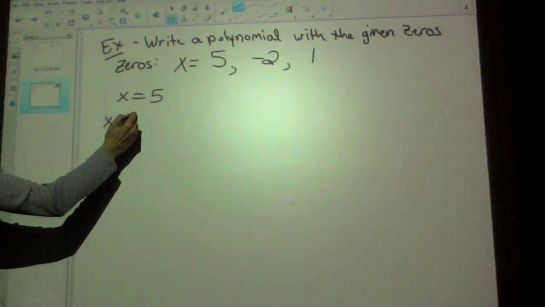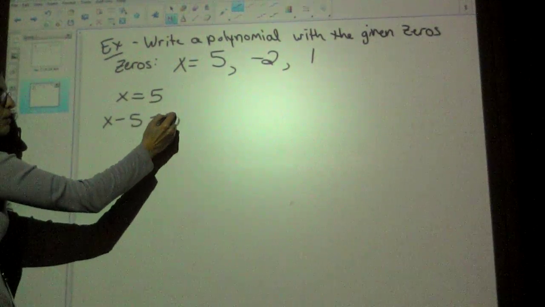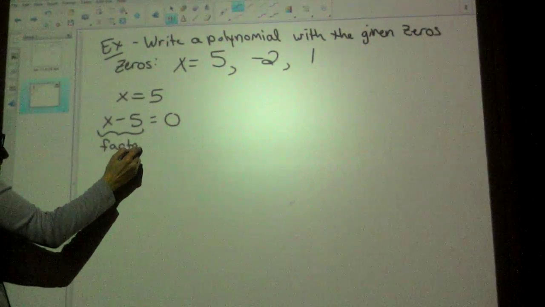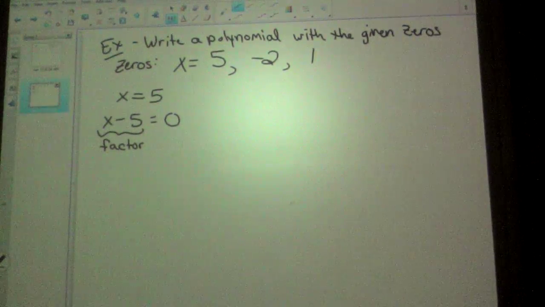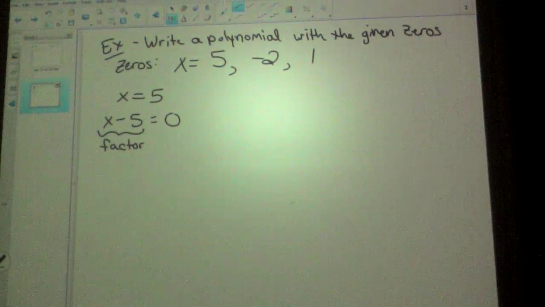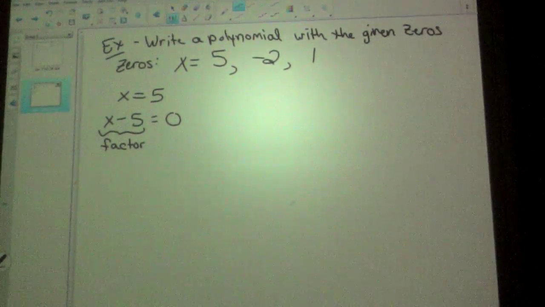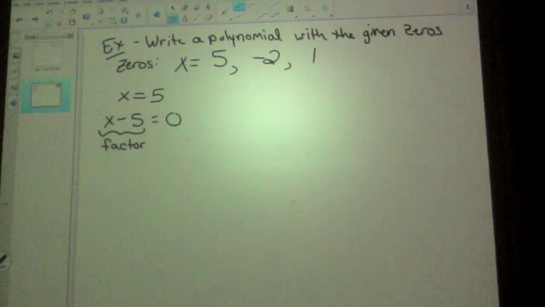So x minus 5 equals 0. That right there is the factor that can give me x equals 5. Sometimes there's more than one solution. Like if I had, in fact, all the time, there's more than one factor that works. Okay, like if I had 2x minus 10, that would give me x equals 5 also. It doesn't matter which one you write down. Okay, they'll all be the same x-intercepts.